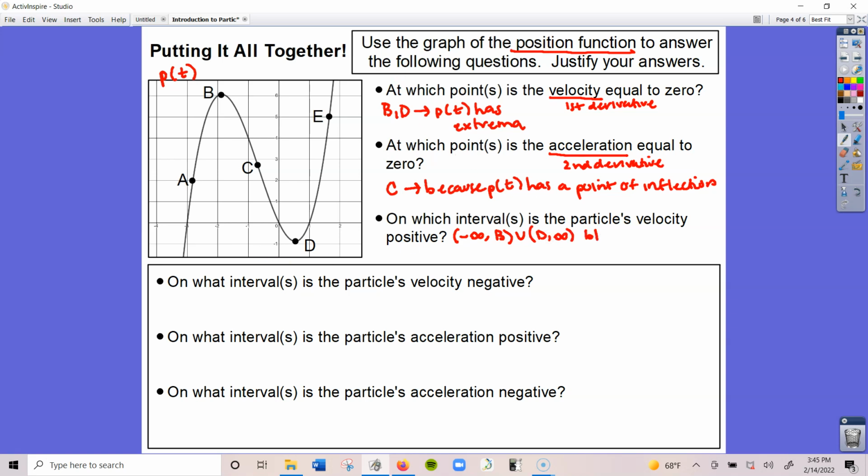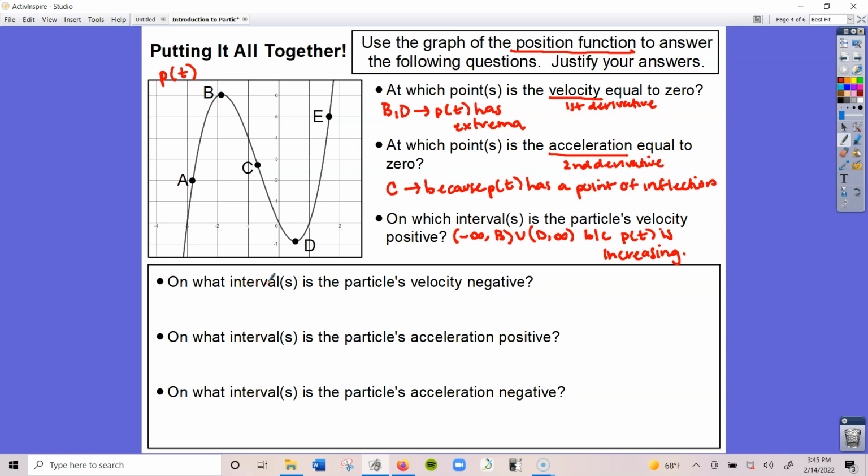And our reason here would be because P of t is increasing. All of this should start sounding familiar from when we were reviewing our relationships between our functions, the first derivative and the second derivative.